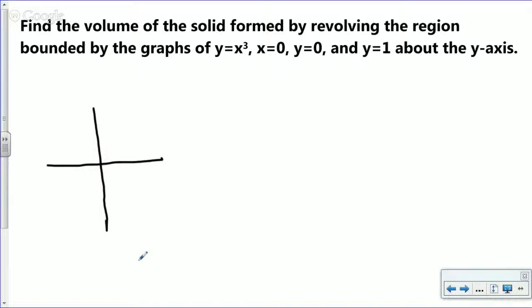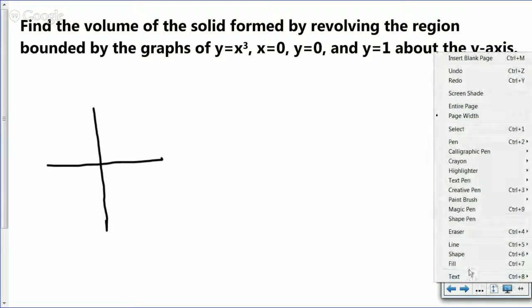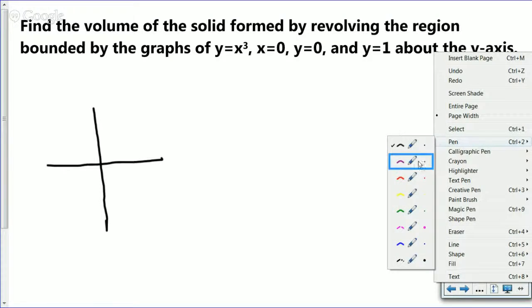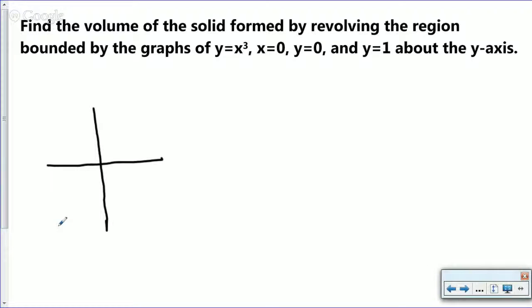Okay, so let's go back to this one. We have the graph y equals x cubed. So that guy is that squiggle. It's increasing on its entire domain, goes from concave down and switches to concave up at x equals 0.